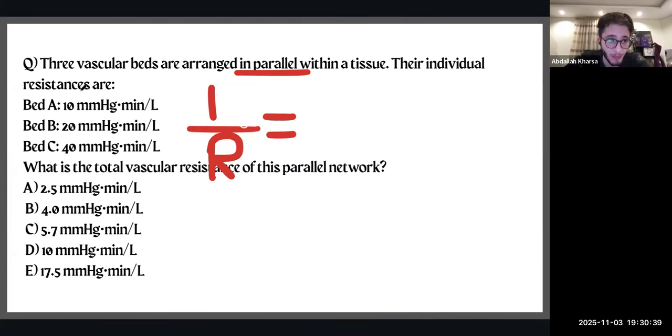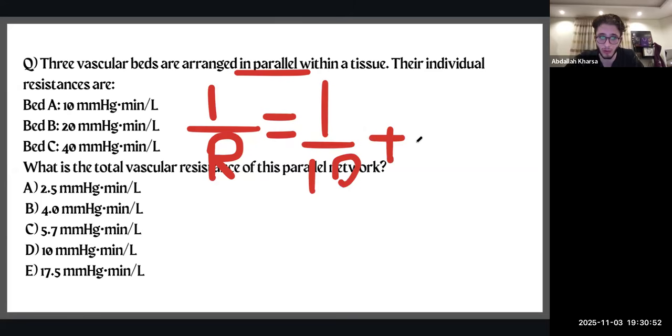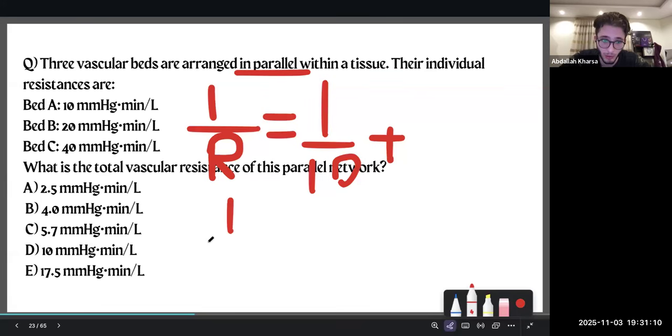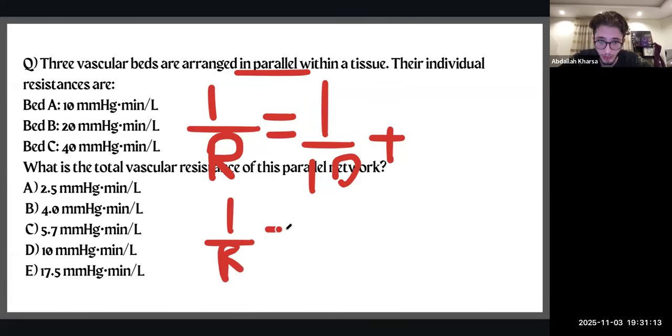Okay, I'm gonna go through it. We said if it's in parallel, we measure them like this. 1 over the whole resistance equals 1 over any one of them, 1 over 10, plus 1 over 20, plus 1 over 40. I'm just going to calculate this, and I'm going to tell you guys what the answer is. When you calculate it, 1 divided by 20 plus 1 divided by 10 plus 1 divided by 40, I'm going to get 1 over R equals, someone said 5.7.